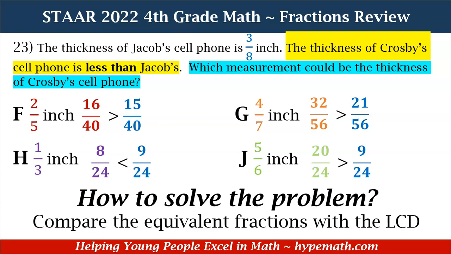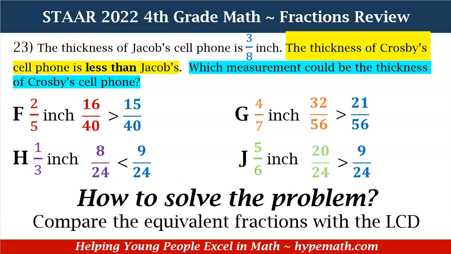So let's take a look. For F, we have 16 over 40 is greater than 15 over 40. For G, we have 32 over 56 is greater than 21 over 56. For H, we have 8 over 24 is less than 9 over 24. And for J, we have 20 over 24 is greater than 9 over 24.